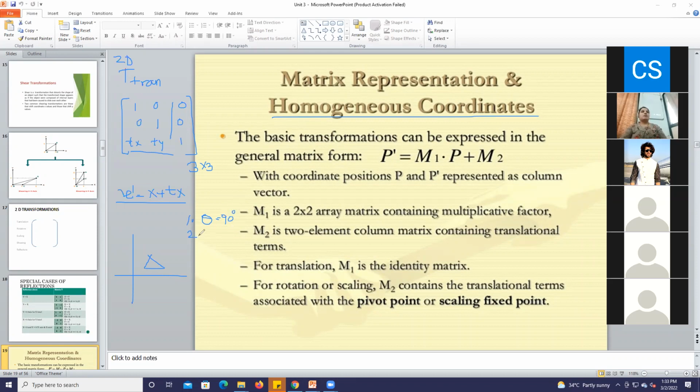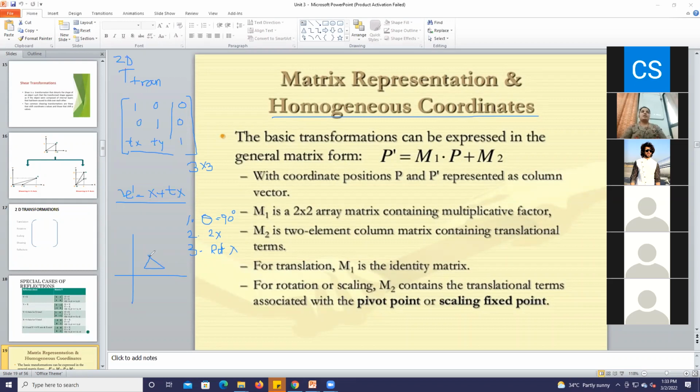The second transformation is whatever you have got after rotation, scale that by 2 times. So 2 into x, I will say. I have to make it double of its size. Then third is reflect it with x-axis.